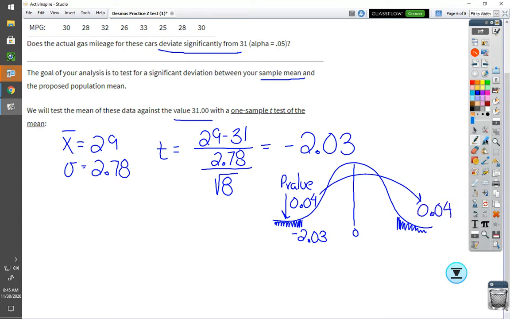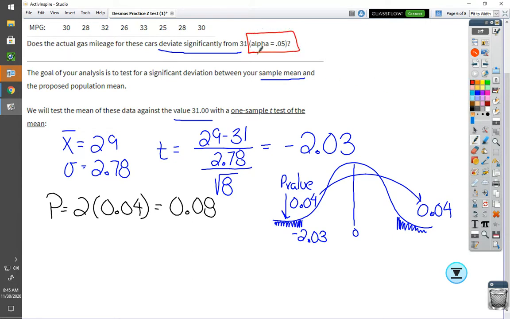This does not ask less, it does not ask more, so therefore our p-value is a double indication, or gets multiplied by 2 to achieve 0.08. Looking back at our alpha level of 0.05, we are greater than that alpha level of 0.05, so therefore we fail to reject.